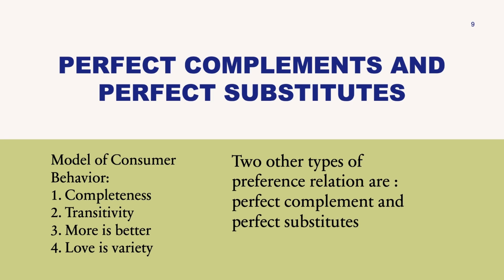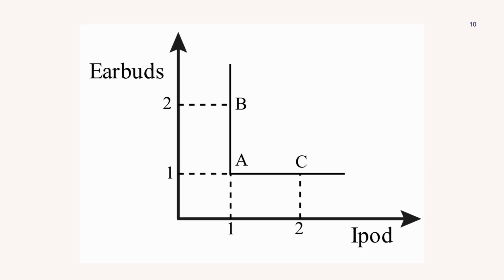So an example would be earbuds and iPods. You don't have to have 2 earbuds if you only have 1 iPod, or 2 iPods if you only have 1 earbuds. It just wouldn't make sense because you don't need it. Or another example could be a TV and remote control.